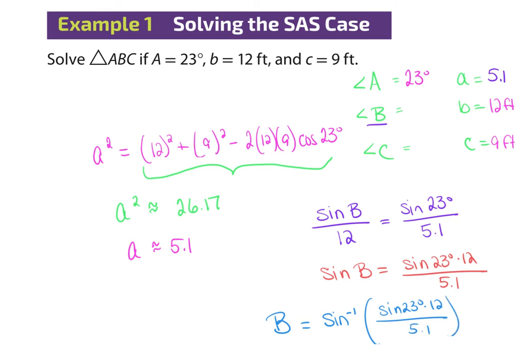Okay, so in your calculator, you should be able to do inverse sine, open parentheses, sine of 23, make sure you close that parentheses there, times 12 divided by 5.1. All right, you should be able to do all of that into your calculator. You should get approximately 113.6.